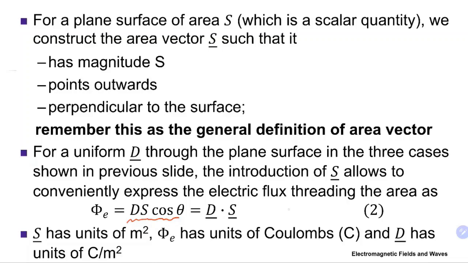This is our equation. Our electric flux is defined as D dot S, and S is a new vector we introduce that we call the surface vector, okay? The vector is perpendicular to that surface. So if I have this surface here, then at any point of this surface the vector will be perpendicular to the surface, any point you look at. Okay? So that is my surface or my area vector.